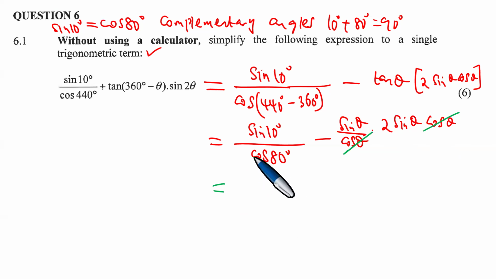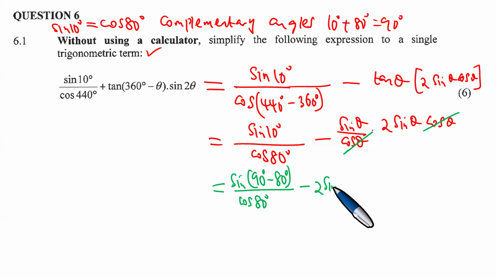For a student who does not know that, the sine of 10 can be written as cosine of 90 degrees minus 10 degrees, divided by cosine 80 degrees, and then minus 2 sine by sine, which is sine squared of theta.